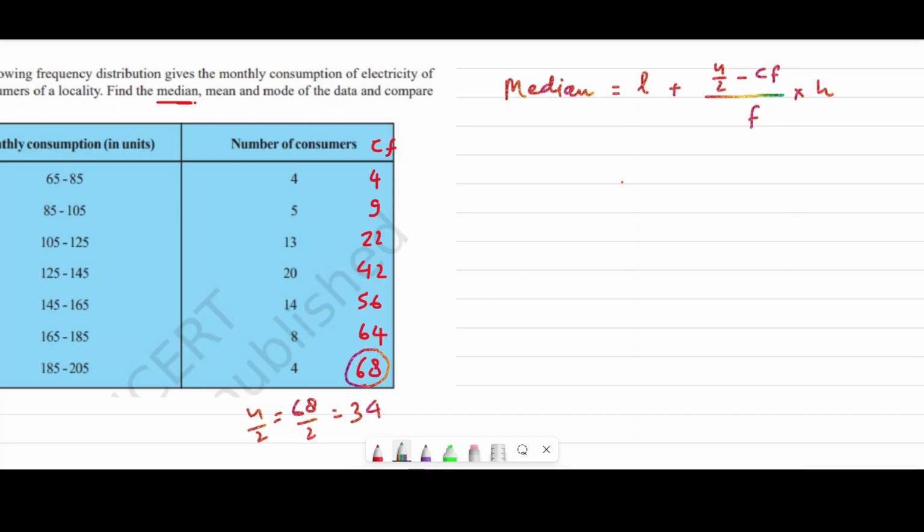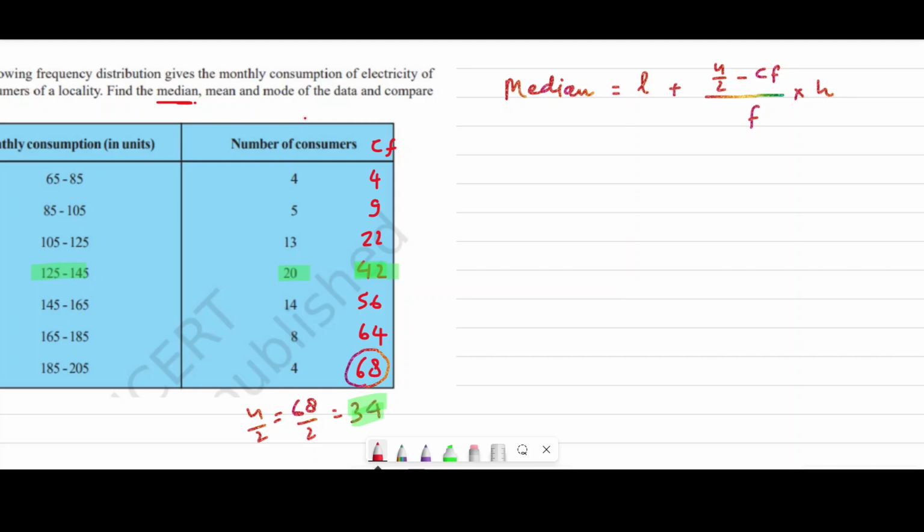So we got the value of n by 2. Now this 34, where is it situated? At this class. So this will be the frequency. Now this is the median class. Now this is the whole understanding about this.